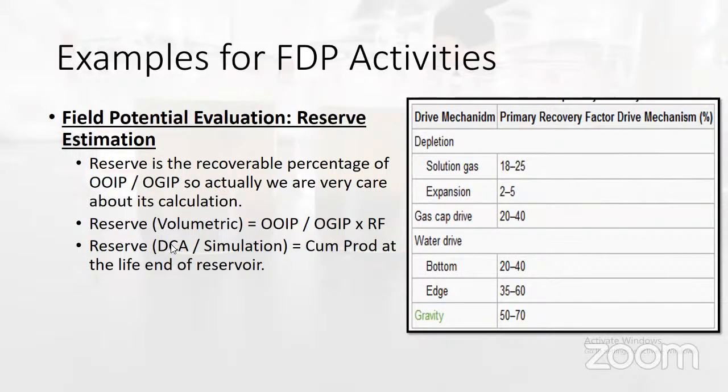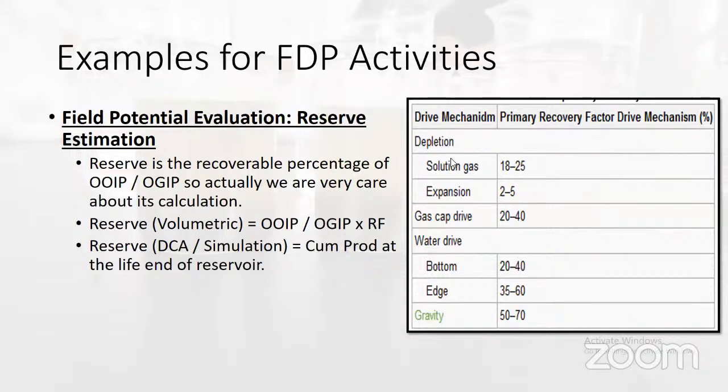Or from the DCA, the decline curve analysis, or the simulation, it will be the cumulative production at the life end of the reservoir, which is the maximum cumulative production that can be recovered at economic conditions.